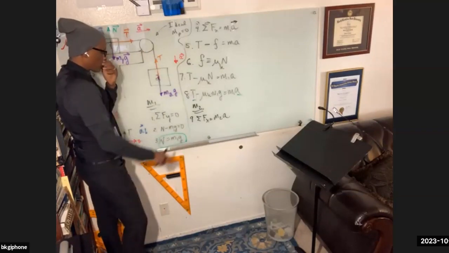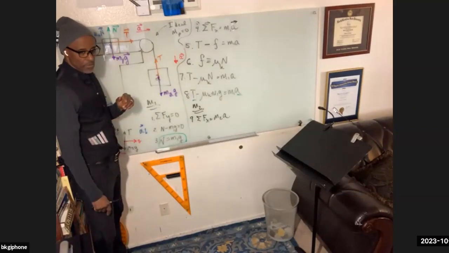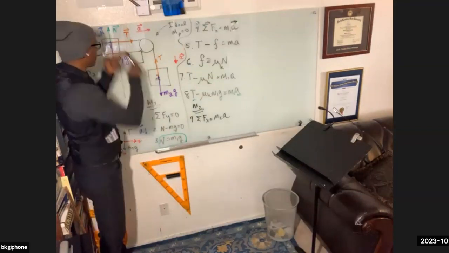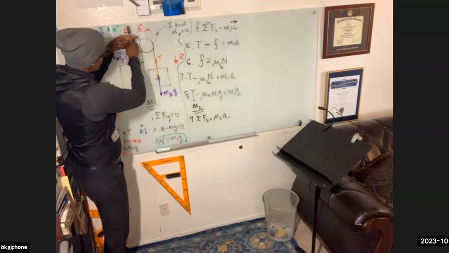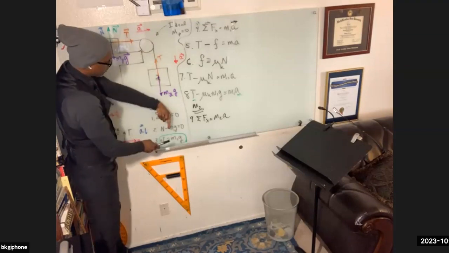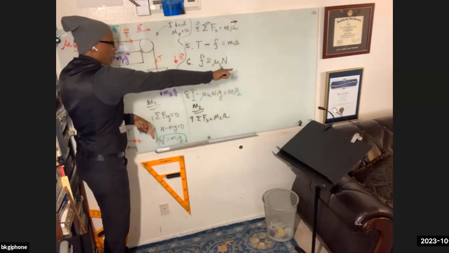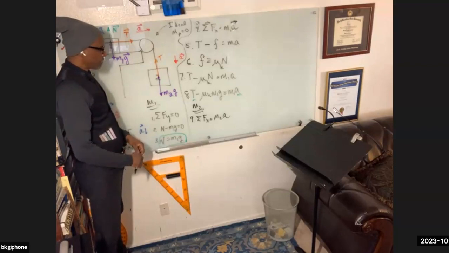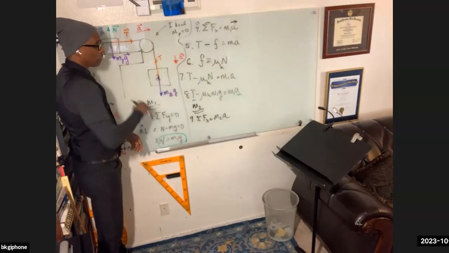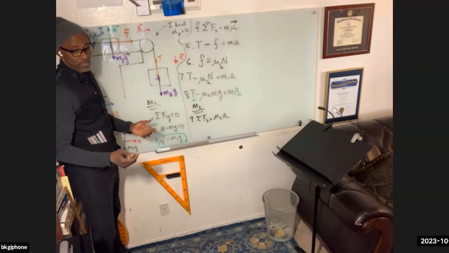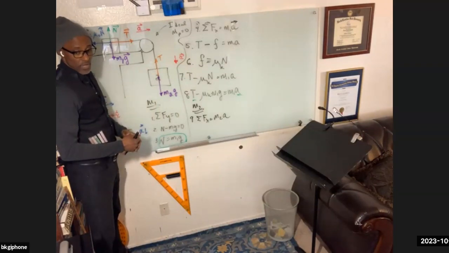So Y is 0, the way I'm doing it. You know what I mean? When I shift my axis over, this is the X direction. So when I go over the pulley, X is down and Y is positive, Y is to your right. So I believe in that case, we would say that the forces along the Y direction are 0. You follow me?